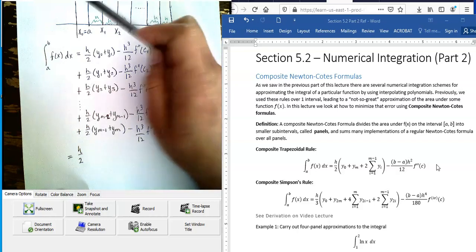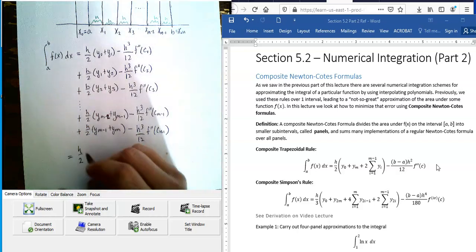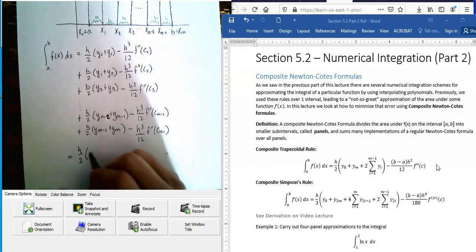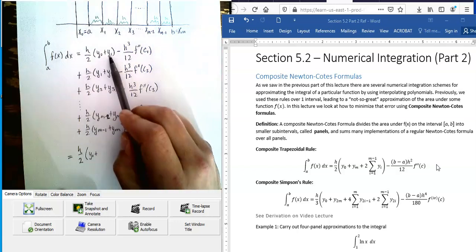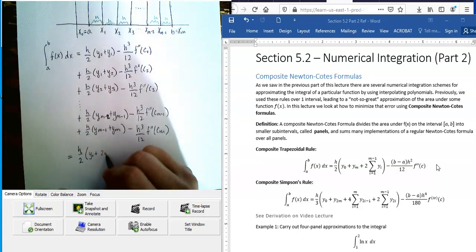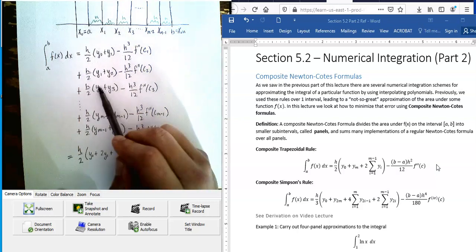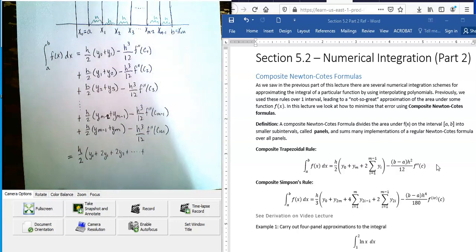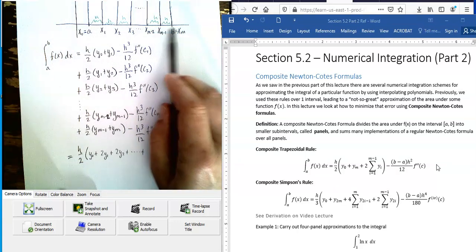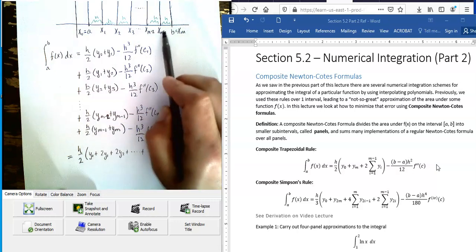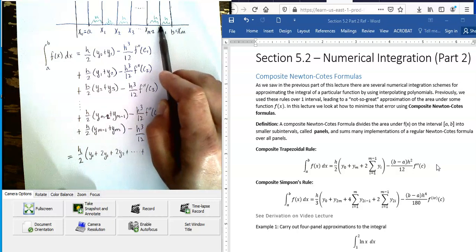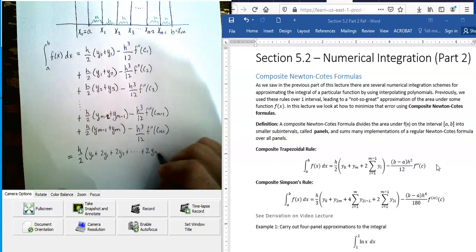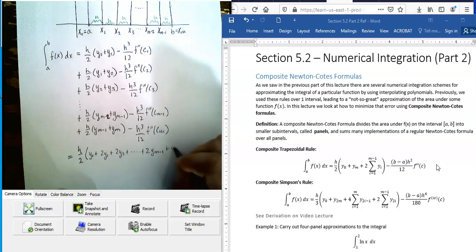So we have two values of y1 happening there, right? So if I were to write this entire thing out by factoring out h over 2, I would get y naught plus 2 y1s, plus 2 y2s, and so on. And it would stop being multiplied by 2 once we got to the very last one. The y-coordinate for x sub m minus 1 would be accounted for in both of these trapezoids. So the very last one would be 2 y m minus 1 plus y m.